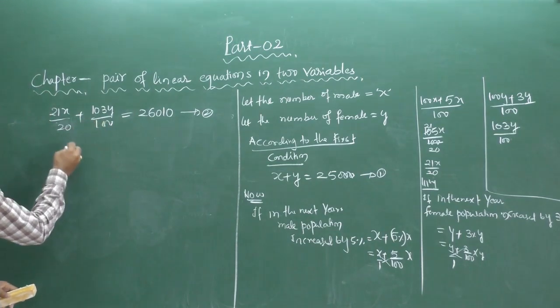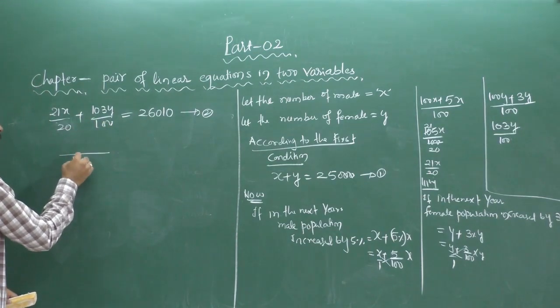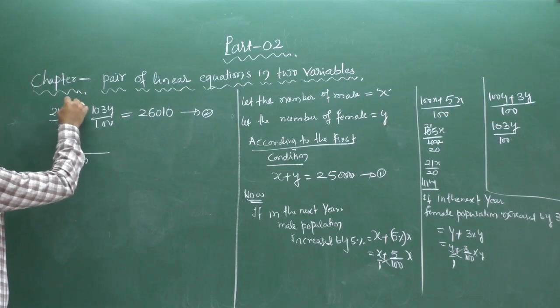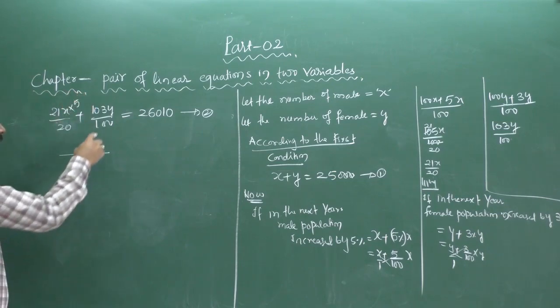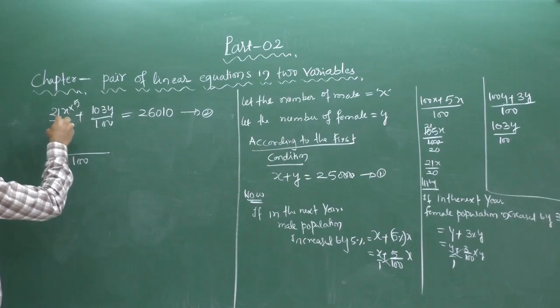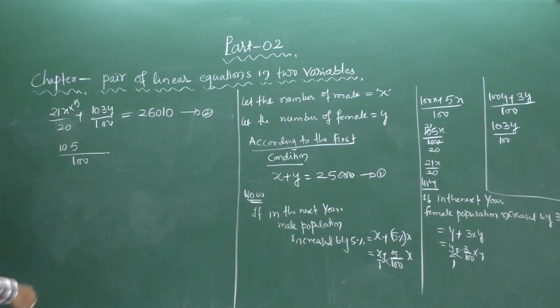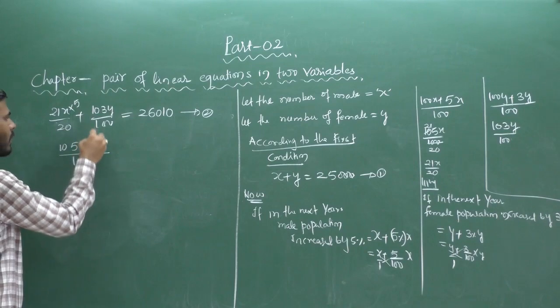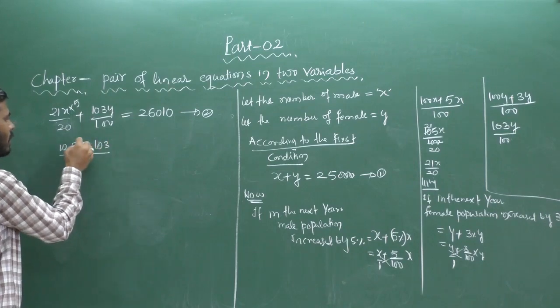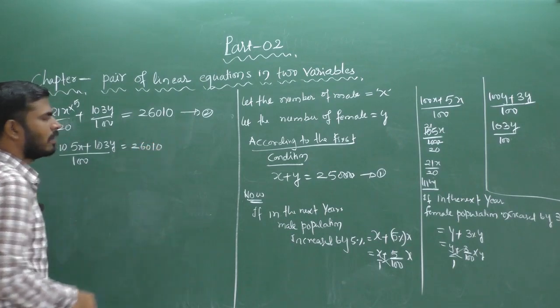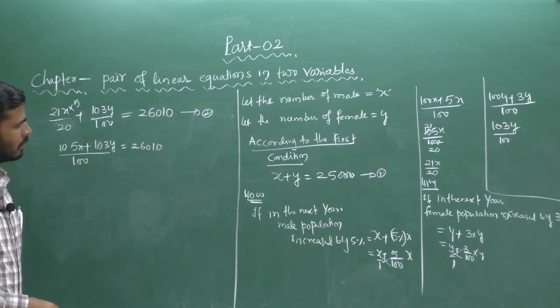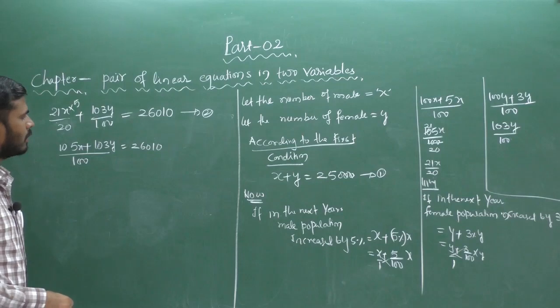Suppose you have to simplify, means you will get here 100 is the LCM, 20 how is the 100, 25 is the 100, this 100 keep as it is. So 5 ones are 5, 5 twos are 10. 105 plus 103, this is x, this is y, equal to 26010.